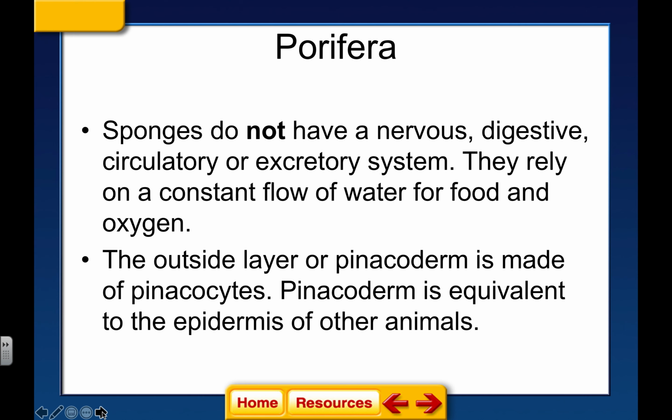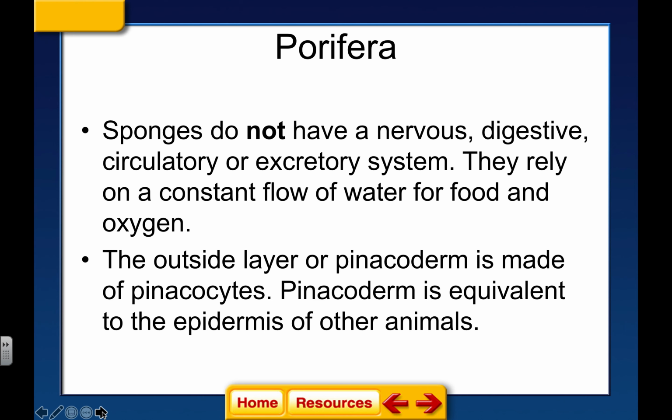There's no tissue formation. So these sponges are totally reliant on the flow of water to come in. They're going to filter out the food or bring the food out of the water, try to trap it. And this is the way they get their oxygen as well. The outside layer of the sponge is called the pinacoderm, and it's made of little units called pinacocytes.